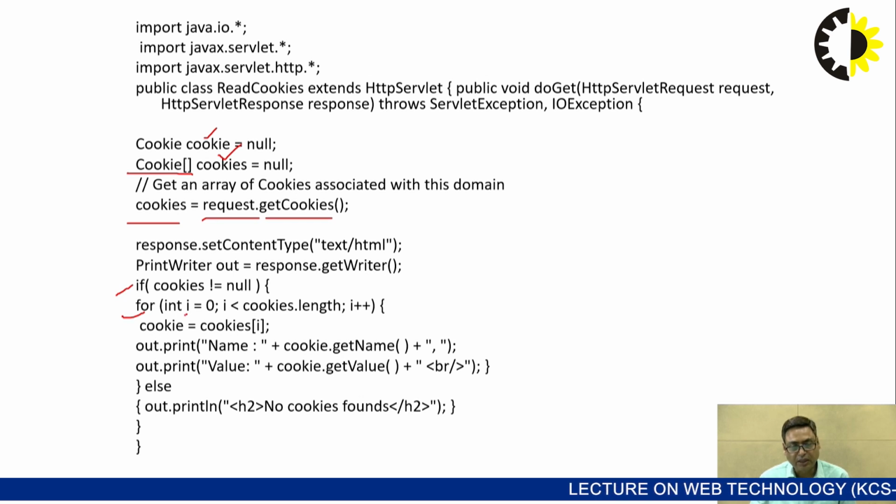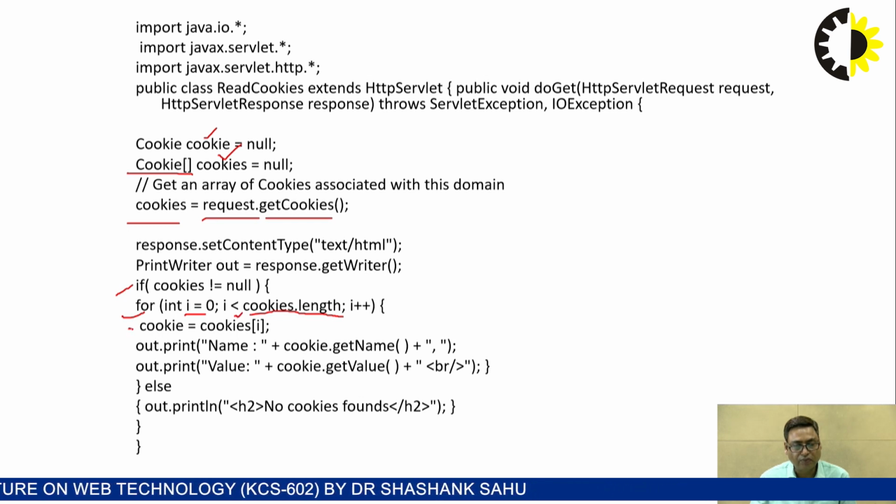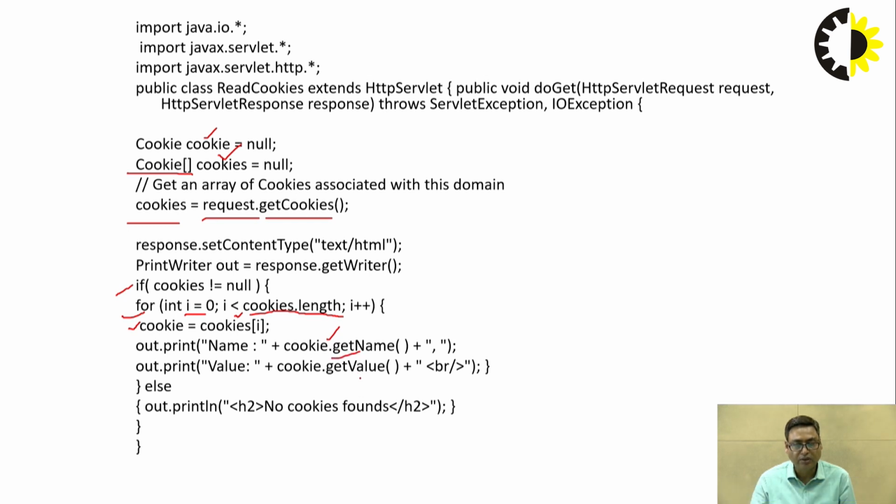It will start from i equal to 0, and the for loop will go up to cookies.length, that is the number of cookies. And we are taking one cookie, the first cookie, in the variable cookie. Then we are using the method getName to display the key of the cookie, and getValue to display the value of the cookie, which is already bound with the name of the cookie. And then we are displaying with the out.print method to display the value in the browser.